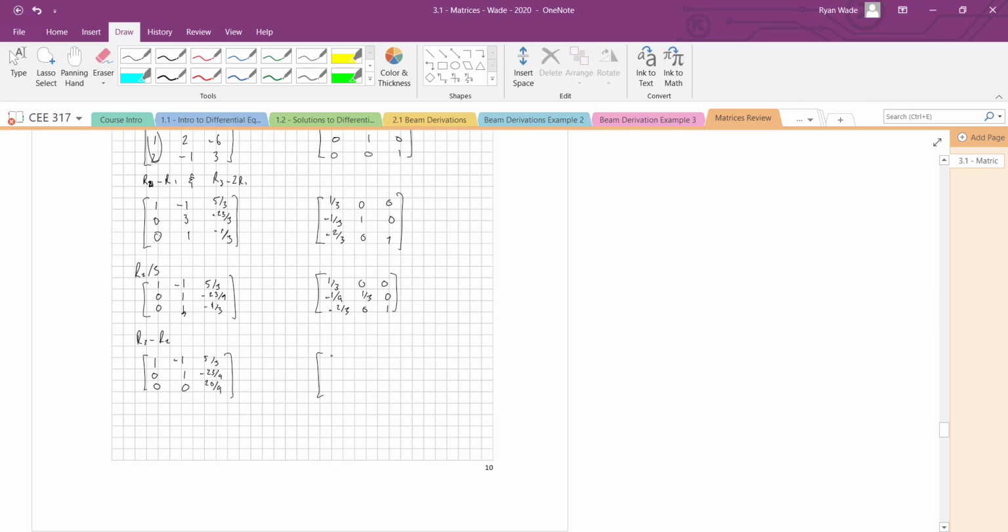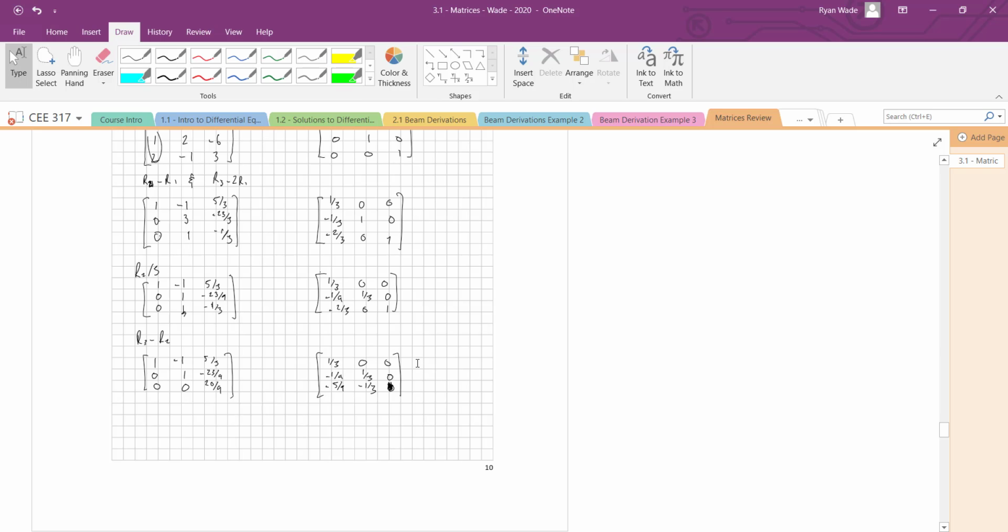And then this one, where am I at? Negative 5 over 20. Negative 9 over 60. Oh, no, sorry, I'm jumping ahead of myself here. Negative 5 over 9, 1 over 3. And that's 1.